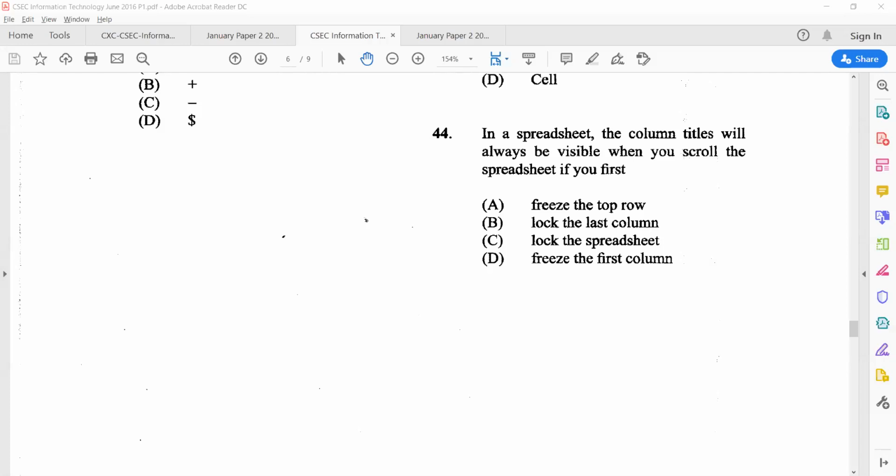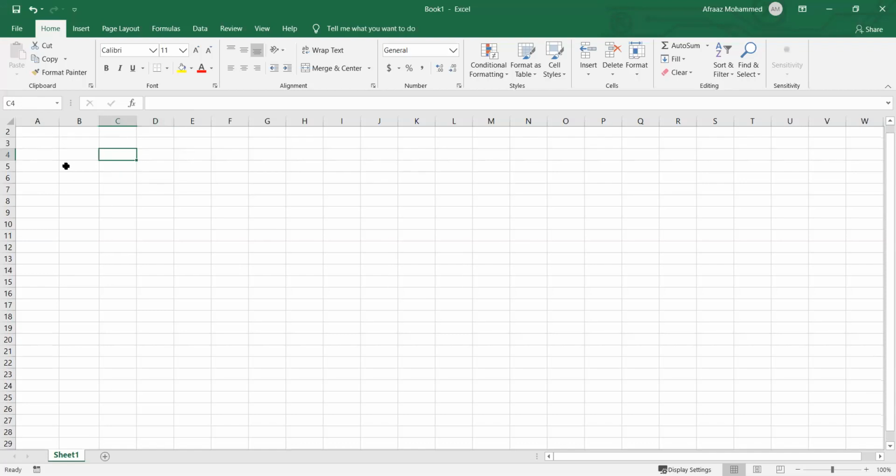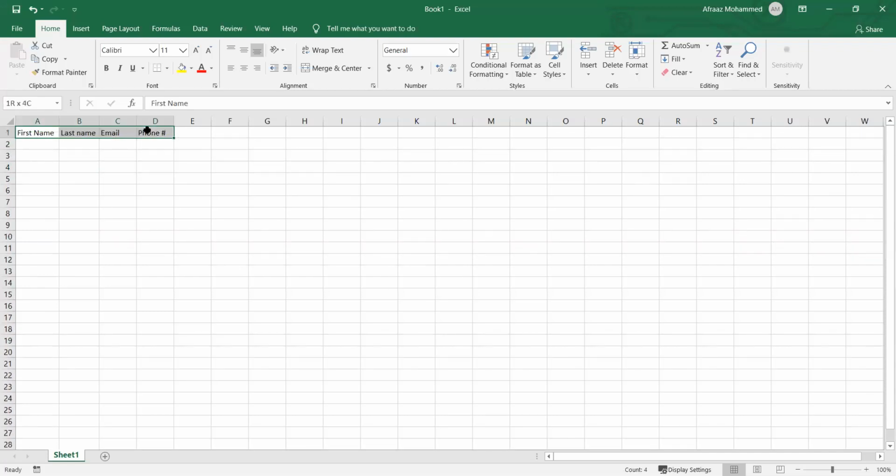All right, let me see if I can demonstrate. Let me share this. I'm going to share an Excel here, right? So this is your table. You have your columns. This is your heading. Now, if you scroll the spreadsheet, you see these headings move up, right?